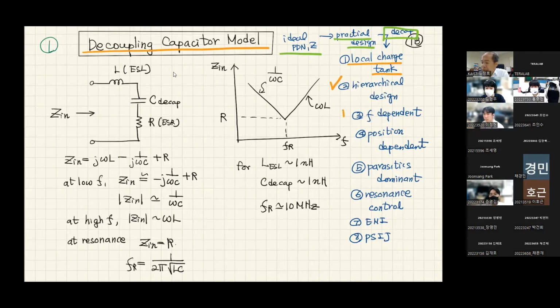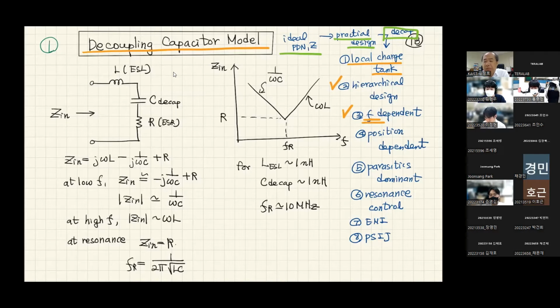When we are placing decoupling capacitors in a hierarchical design, we have to select decoupling capacitors depending on frequency range. So our decoupling capacitors will be very frequency dependent because of resonances. We're going to talk about 3 different resonances: serial resonances, parallel resonances, and plane resonances.